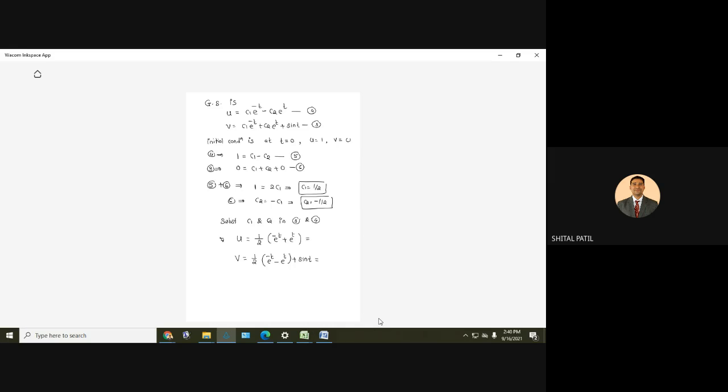At least you have said hyperbolic. Cos hyperbolic. If you are not using hyperbolic, if you are writing it in terms of exponential, that is also okay. This is the solution.